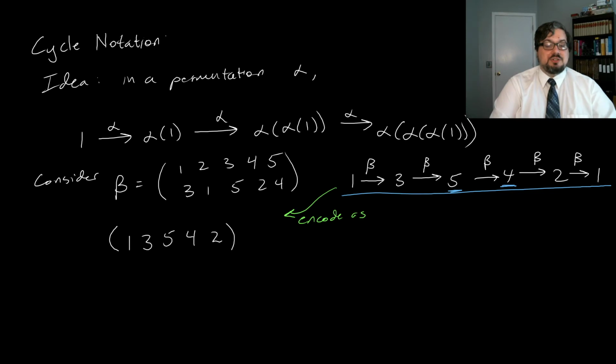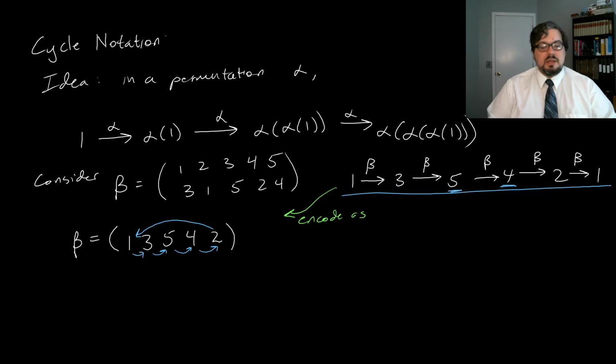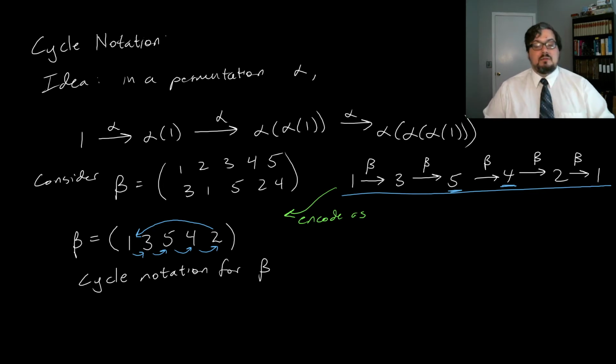And what this notation means, to say that beta equals this, means that beta sends 1 to 3, sends 3 to 5, sends 5 to 4, sends 4 to 2. Every number gets sent to the next number in this sequence, and then 2 gets sent back to 1. This is called the cycle notation for the permutation beta.